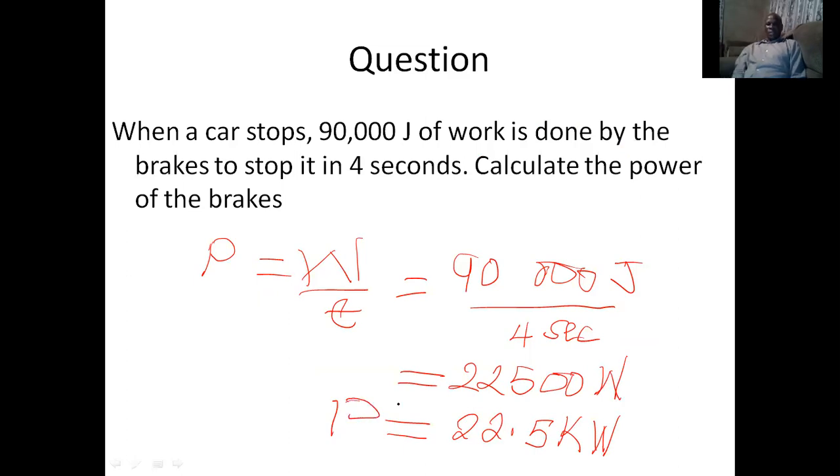It has just helped us to know how we can plug in the given variables and it gives us the answers as we have done. We were given the work and the time, and we just plugged them in, and we are able to find the power in watts as well as in kilowatts.